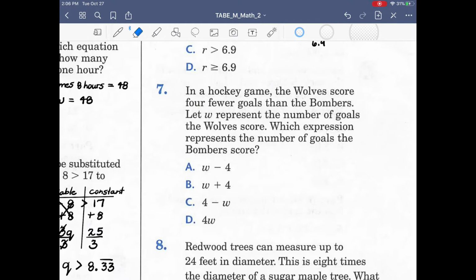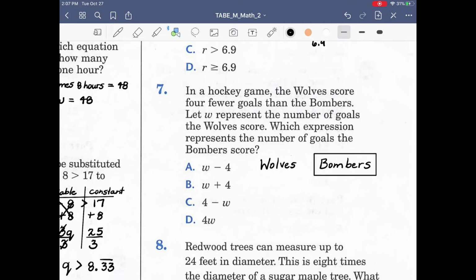So let's think about this one this way. We have the Wolves and we have the Bombers. Ask yourself, who won the game? The Bombers won the game. They scored more than the Wolves.